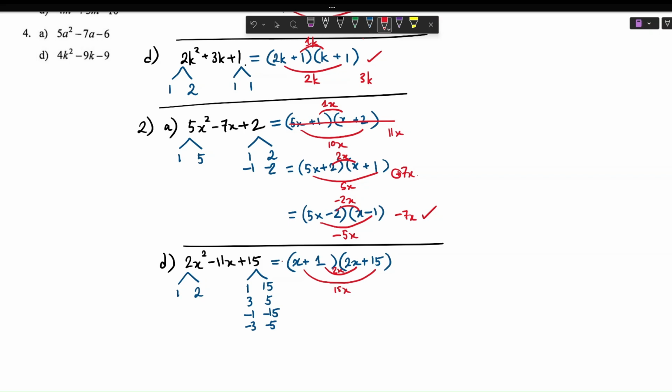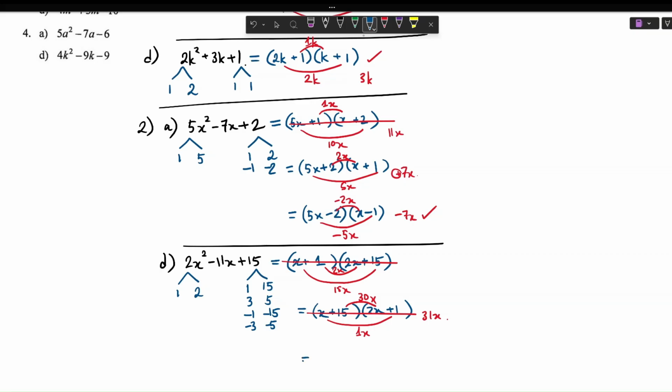So that's not the one, okay? If you try it the other way, with swapping the 15 and 1, you get an even bigger number. That's like 30x plus 1x is 31x. That's also not it. So we can rule out 1 and 15.